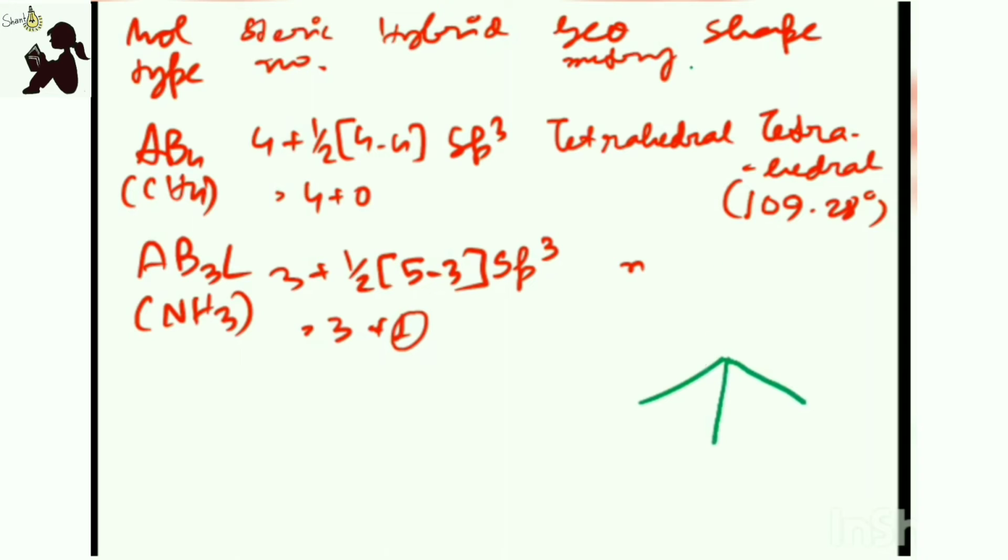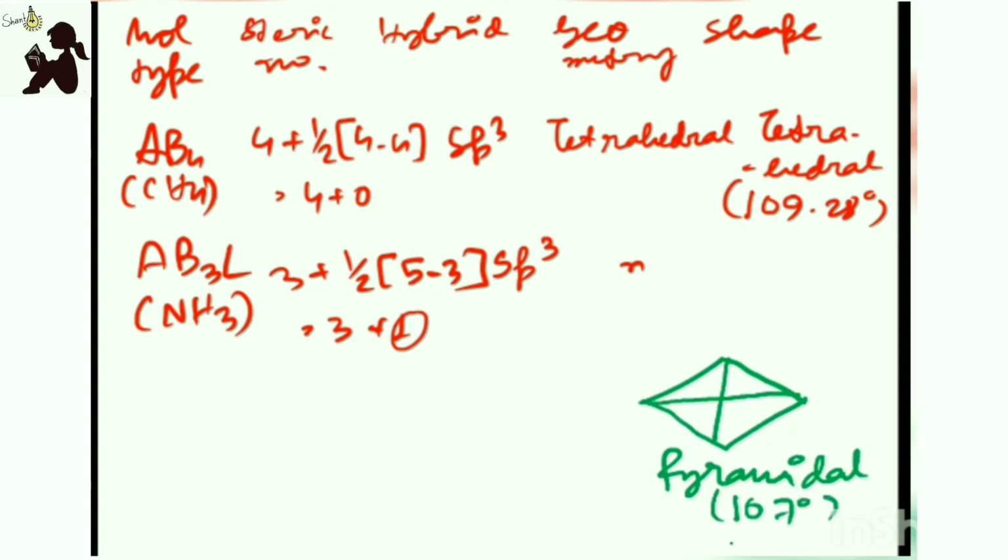I have told you that shape is excluding the lone pair, so we are excluding the lone pair here, and it will form a shape like this. So what is this shape? We know it is pyramidal shape. Here its bond angle is also less, that is 107 degrees. And why is this less than the previous one? I am going to explain it to you in our bond angle explanation, so wait for that.